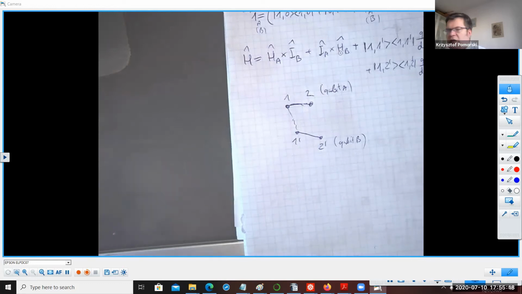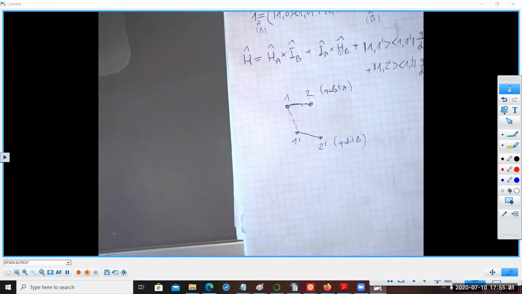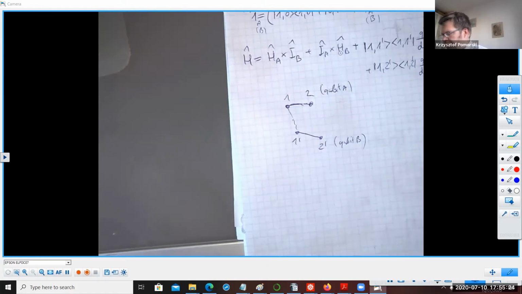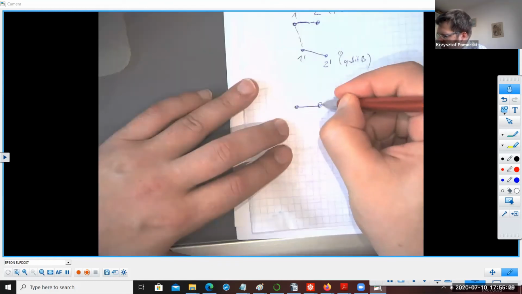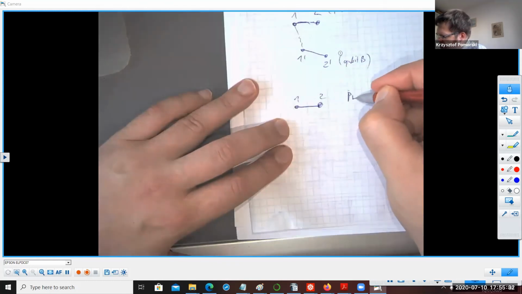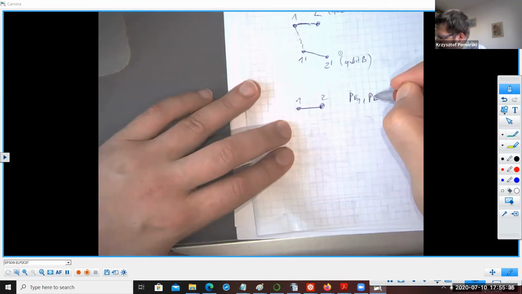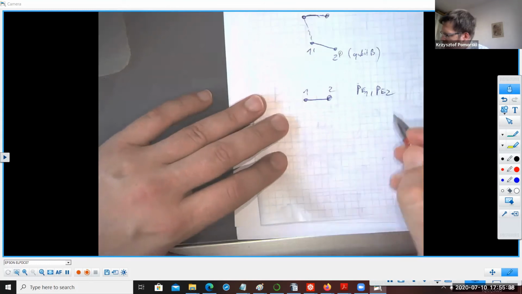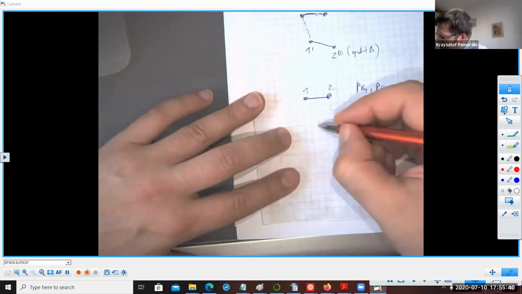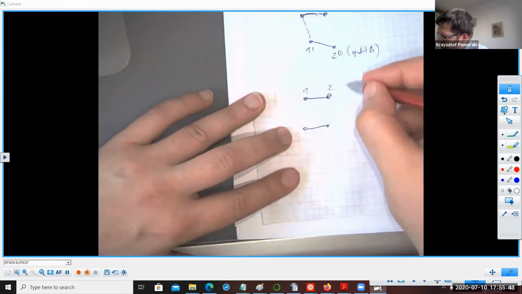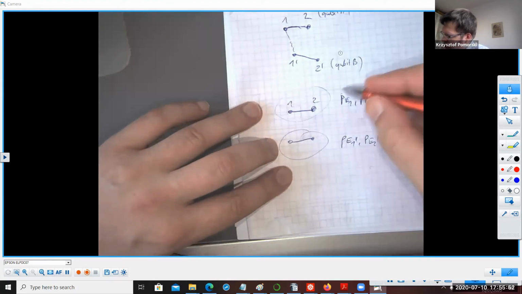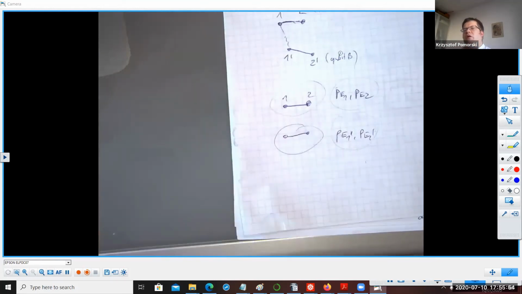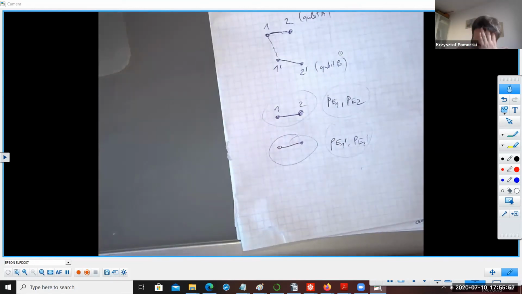We can treat each qubit as a two-energy-level system, and due to this interaction there will be certain occupancy of two energy levels for one qubit, and two energy levels for another qubit, and this occupancy of energy levels will continuously start to change.